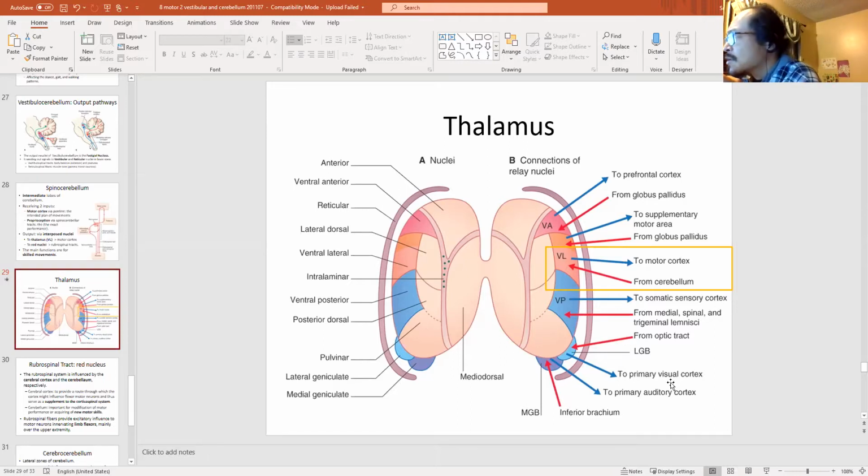We also mentioned the visual one, going to the lateral geniculate nucleus, then to the visual cortex.